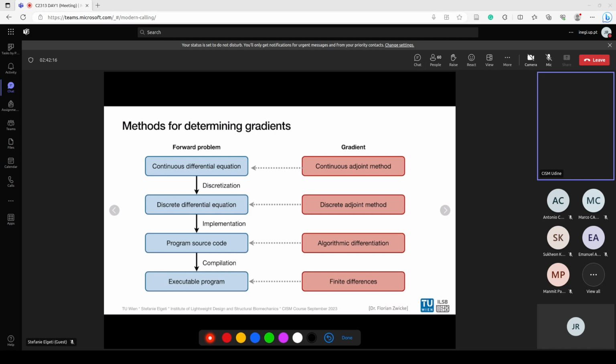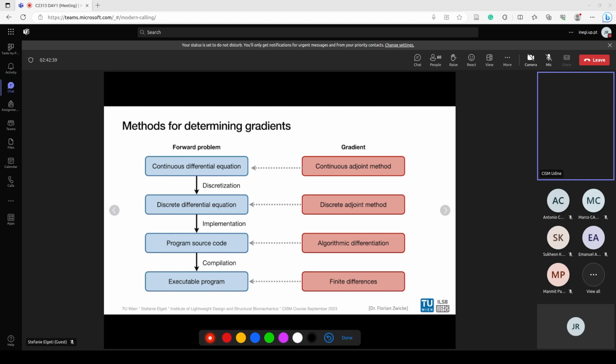Or we perform the discretization, and then we compute gradients on a discrete level. Or if we are already past that step, we've already implemented something, and we have the program source code available, we could use algorithmic differentiation to differentiate the source code, and that could give us the gradient.